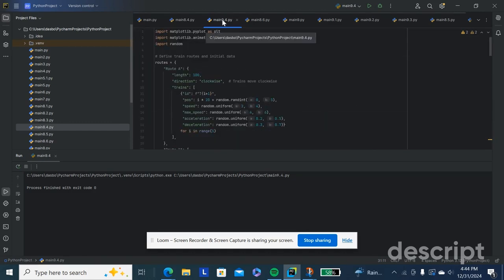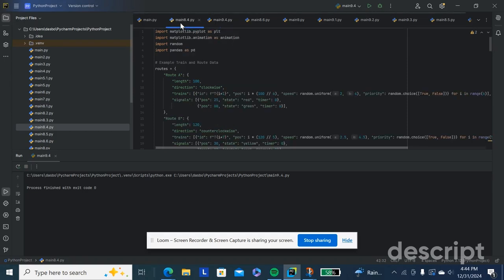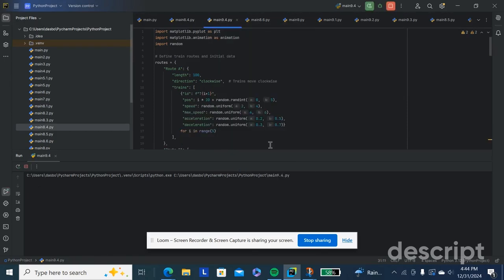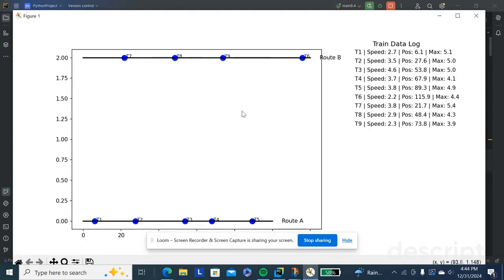And I suppose I did learn that there were times when I ran this code, times that I'm sure you wouldn't notice, when trains would overlap, or I suppose adjoin each other, so they both would be touching, as you see right here.